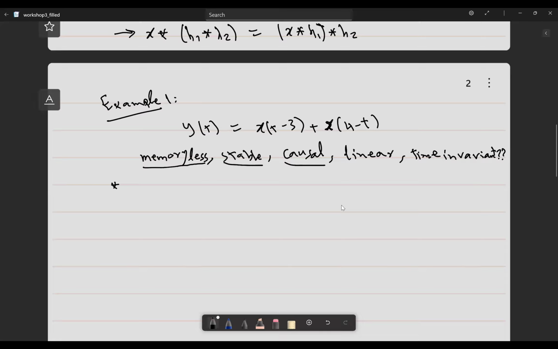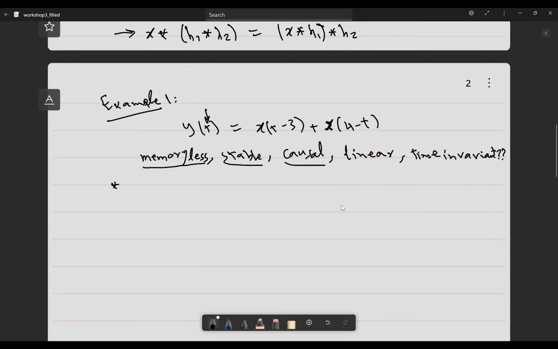So a memoryless system is simply a system that, to produce an output for the current time step, needs just the current time step, not the previous ones.